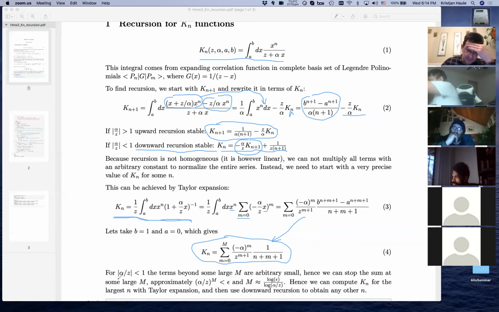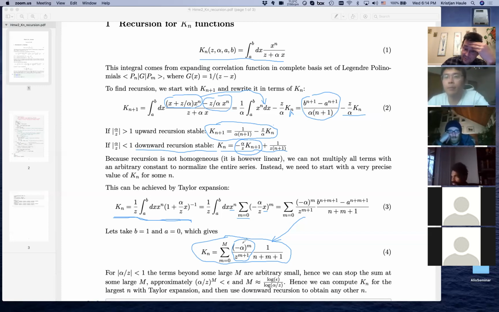So for alpha over z less than 1, the terms beyond some large m are arbitrarily small. You should be able to see that this thing falls off for large enough m. Why? Because alpha over z is less than 1, let's say less than 0.5. We're going to choose 0.5 to be the value where we start to use this.